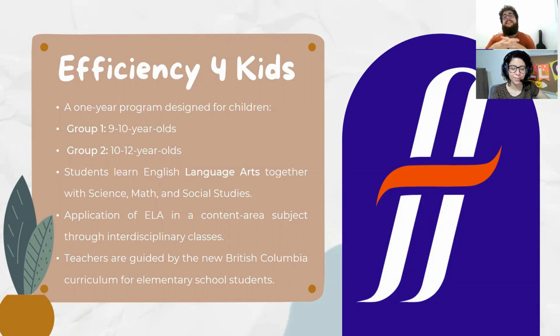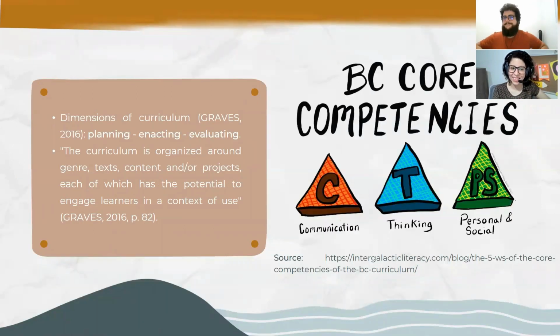So the classes are interdisciplinary, and we are guided by the British Columbia curriculum, which emphasizes the use of language not as the final aim of the lesson, but as a means to achieve a certain topic, theme, or inquiry question, which we will discuss later in the talk. A big idea, right?